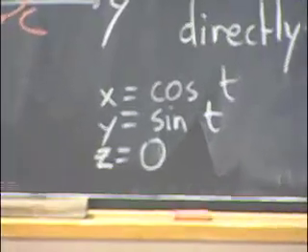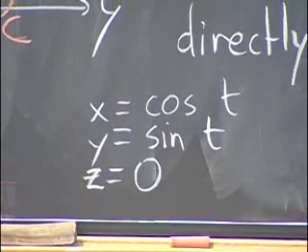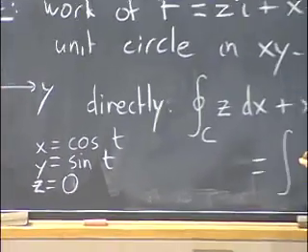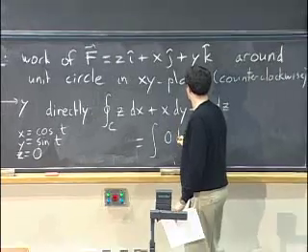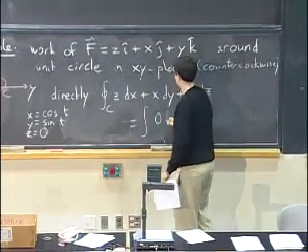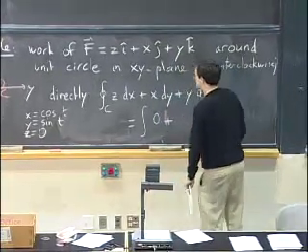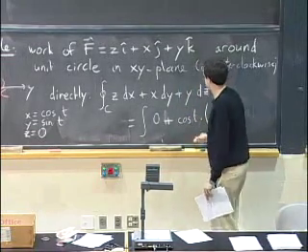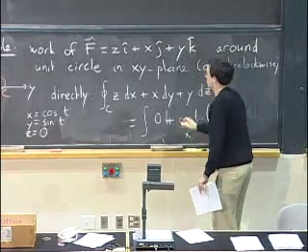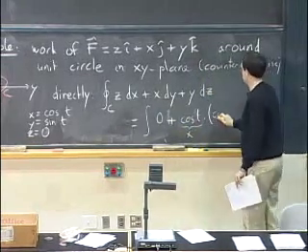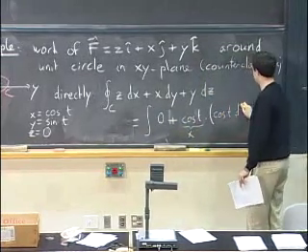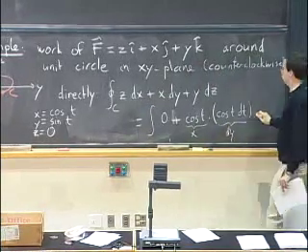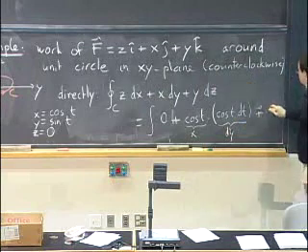Okay, so that will just become the integral over C. Well, z times dx, z is 0, so we have nothing, plus x, which is cosine t, times dy. If y is sine t, then dy is cosine t dt, plus y dz, but z is 0.